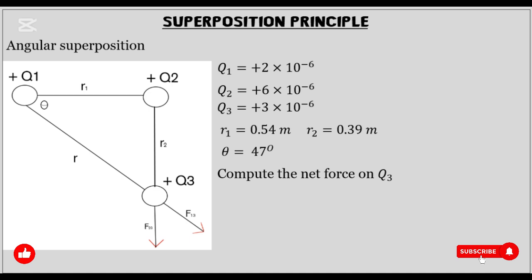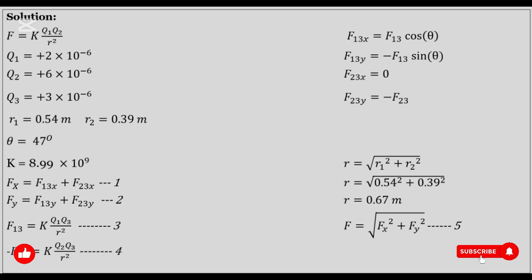Take key notes about how we will solve the question step by step, so you get the understanding. The first part of the solution is to write out the equation. The general equation for electric forces is F equals K Q1 Q2 over R squared.